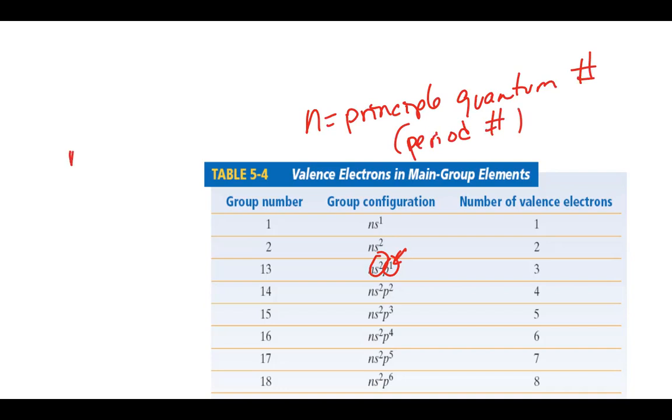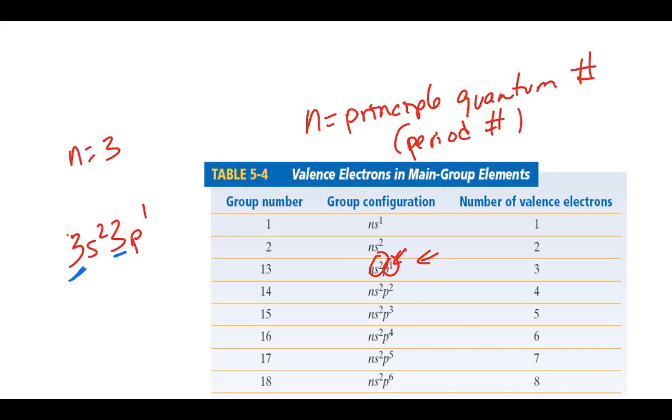Okay, so if n equals 3, then for this one, it would be 3s2, 3p1. Valence electrons are the electrons that are in the highest energy level. So you would include both the s electrons and the p electrons.